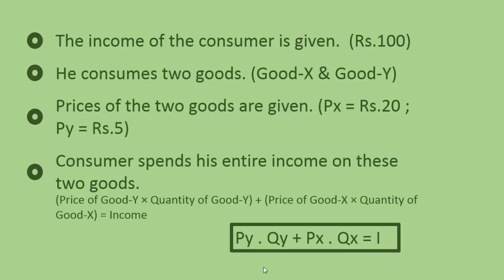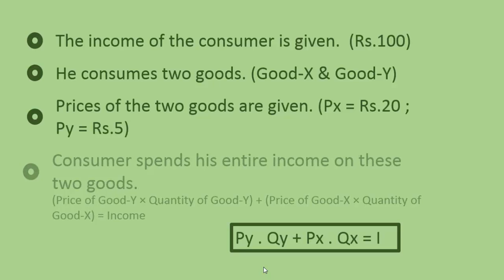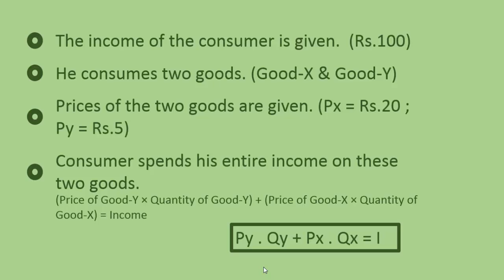He consumes two goods, good X and good Y. Prices of the two goods are given. Price of good X is rupees 20 and that of good Y is 5. Consumer spends his entire income on these goods.